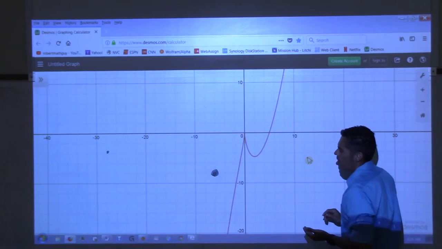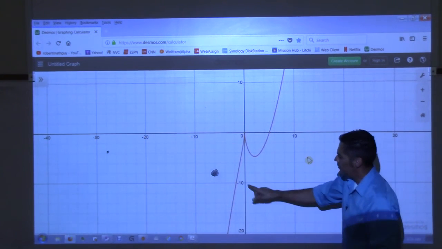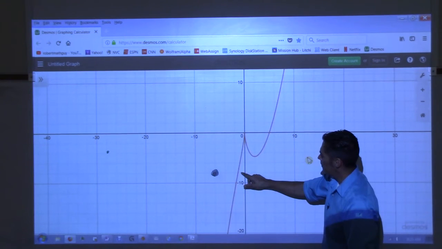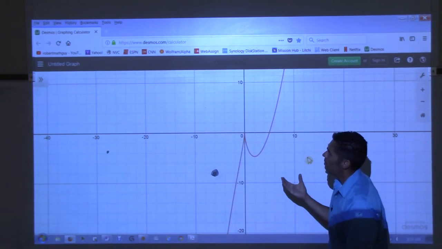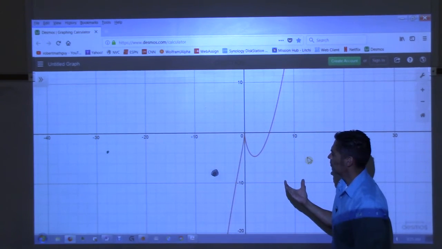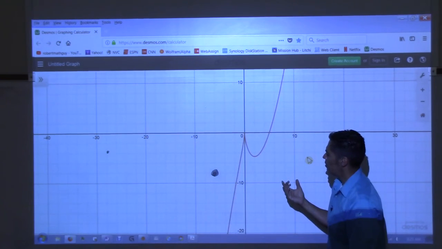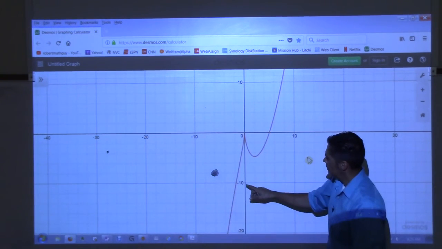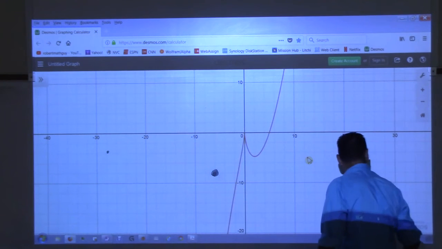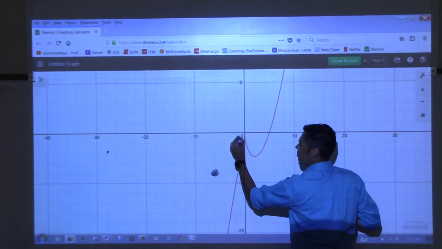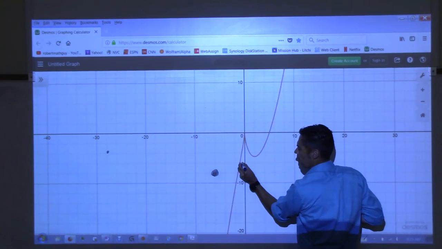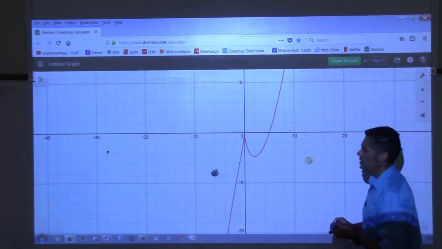Okay. Now, concavity, it's very hard to tell from here, but we were concave up where? -1 to infinity. So -1 is right here, right? This is -1. So right around here, you said it was concave up there?